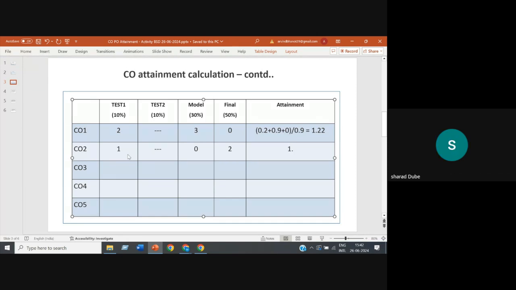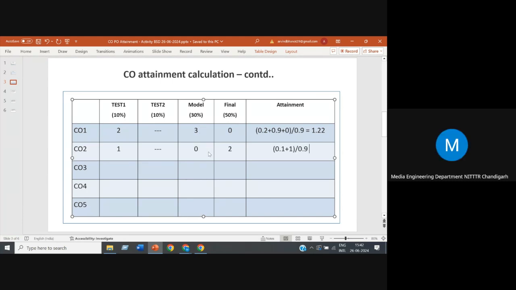It should be 0.1 plus... It's 1.1 divided by 0.6? No, why 0.6? Our answer is 1.22. It is 1.1 only, divided by 0.9.